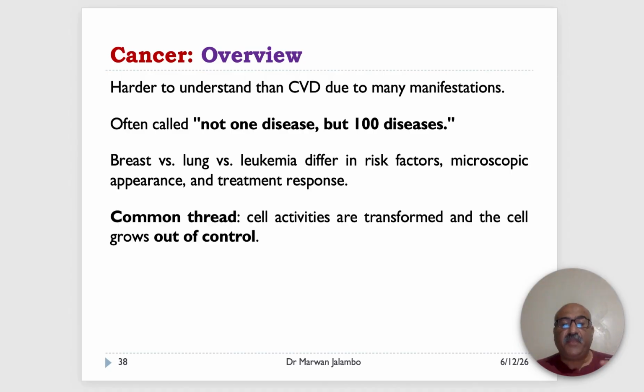But they all share one defining feature. A cell's normal activities get transformed and it begins to grow out of control. To understand what goes wrong, we first have to understand what right looks like, how a normal cell behaves.